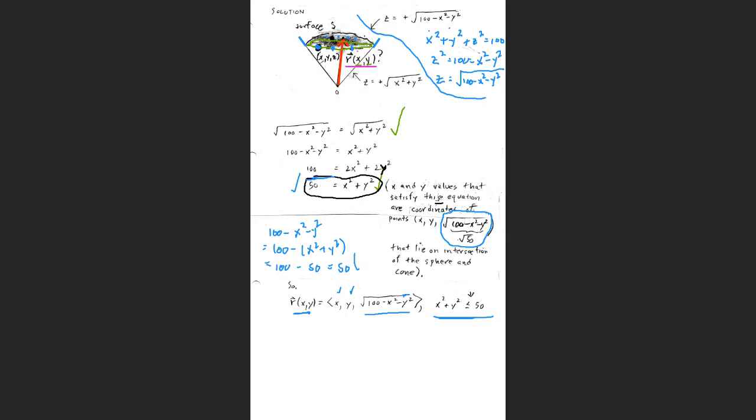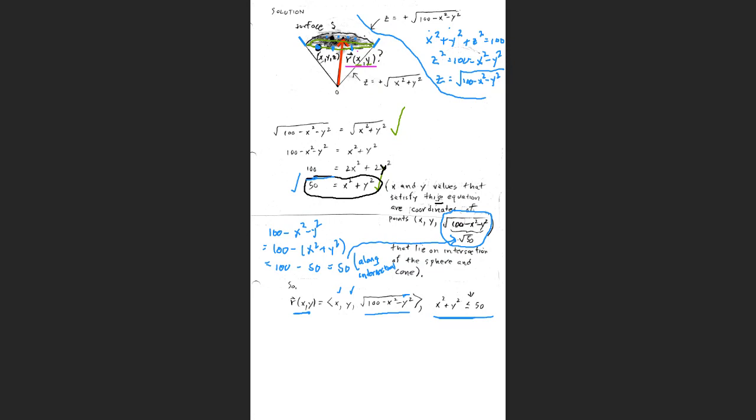And so you get the square root of 50 for the z coordinates along the intersection.